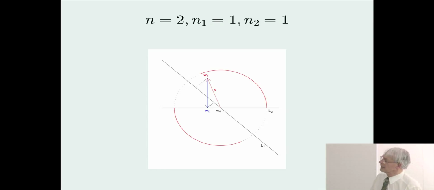And the question is, is W1 closer to L1 than W2? No, it isn't. By relearning and going to W2, we're closer to this line than we were after we had forgotten. So in this example, the squared distance for W1 is bigger than the squared distance for W2. There is free lunch learning.